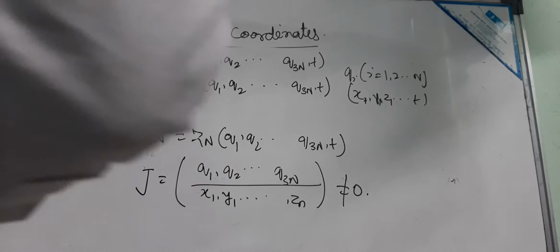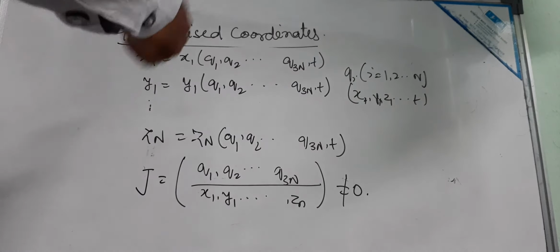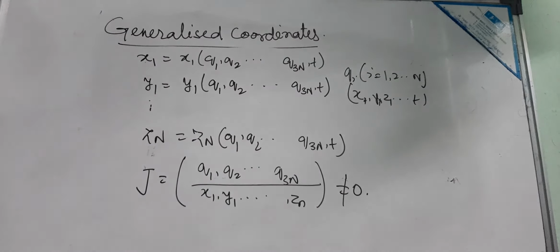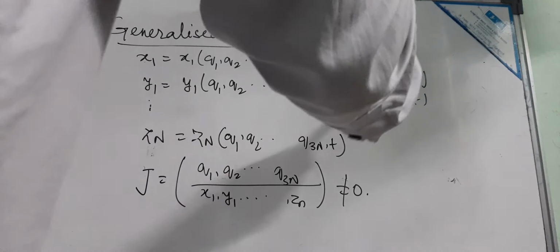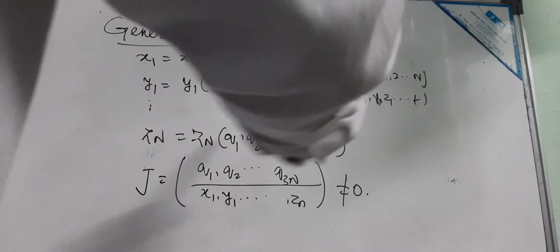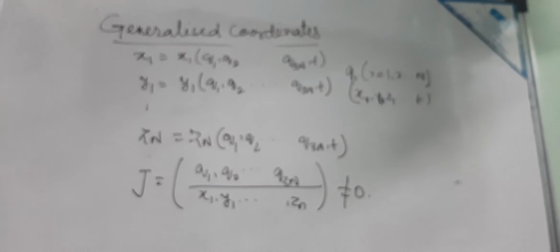The transformation will be effective only when the determinant of those derivatives is not equal to 0. So this is all about the generalized coordinates.